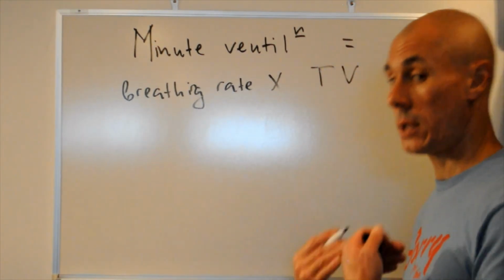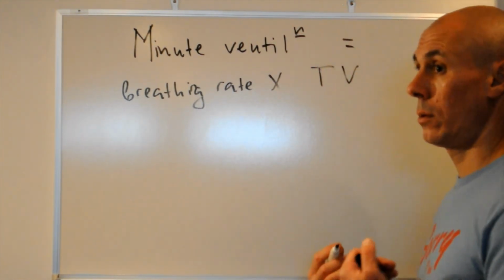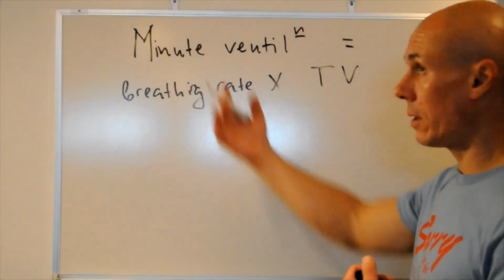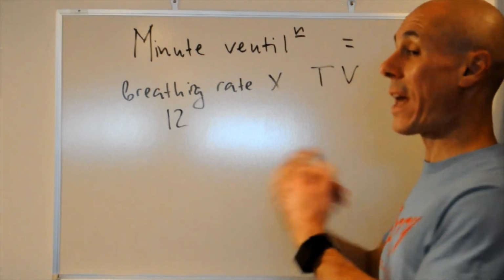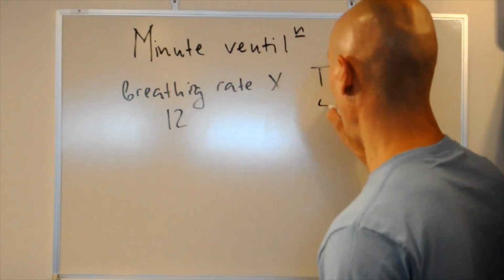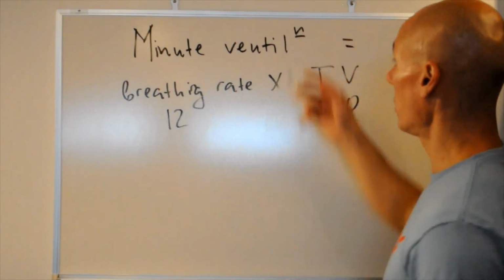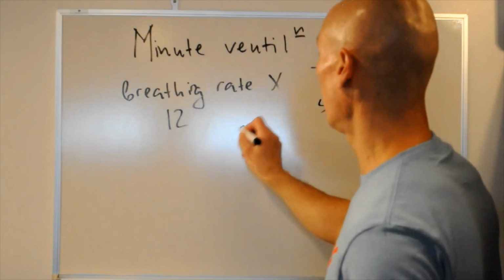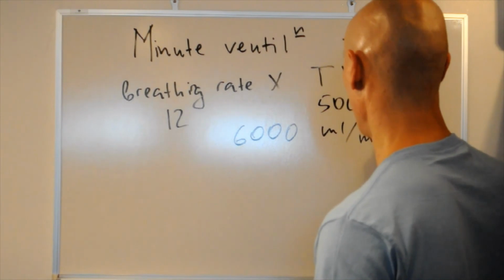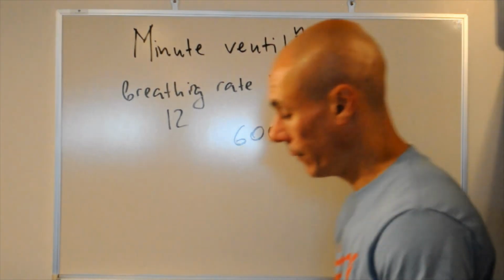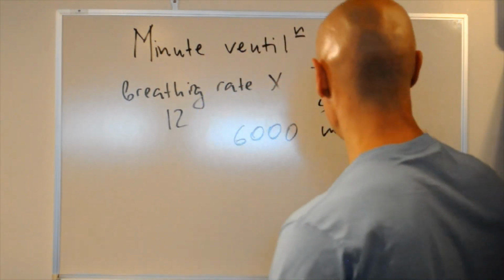Amount of air that's taken to your lungs over a minute. So breathing rate, let's say 12 breaths per minute, tidal volume 500 milliliters, minute ventilation will be 6,000 milliliters per minute.